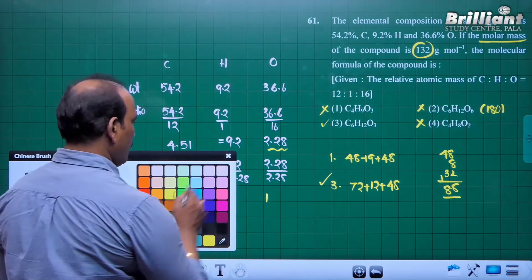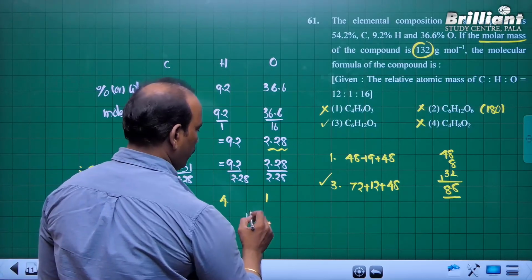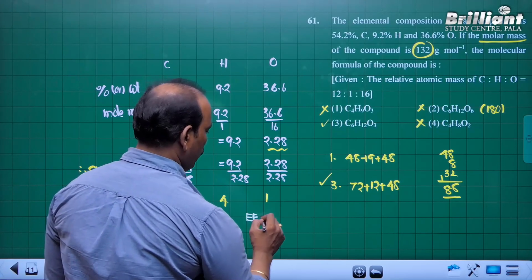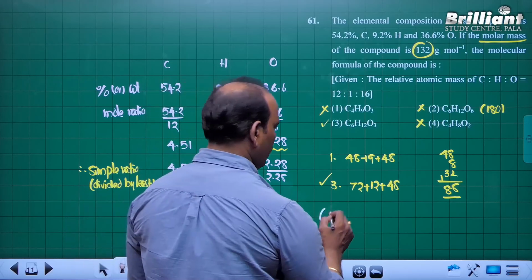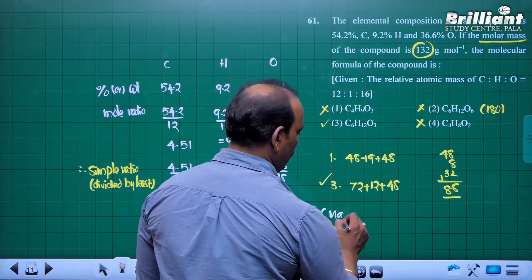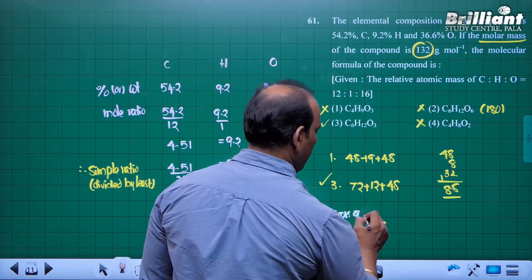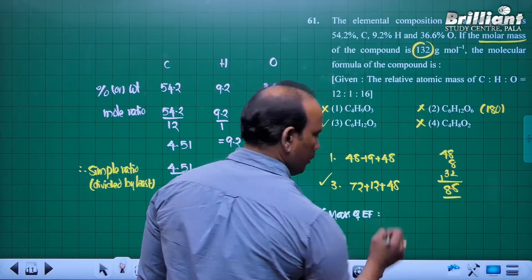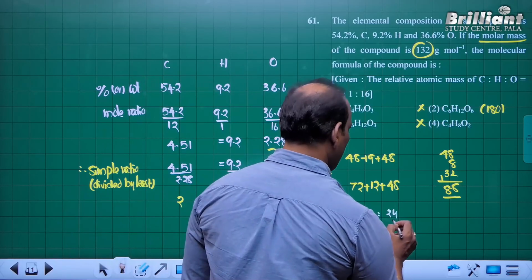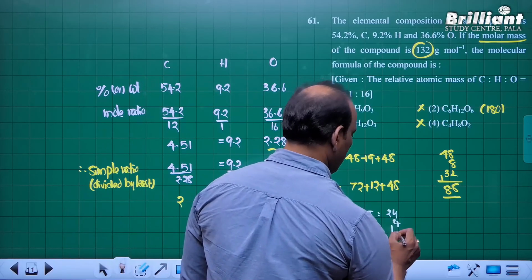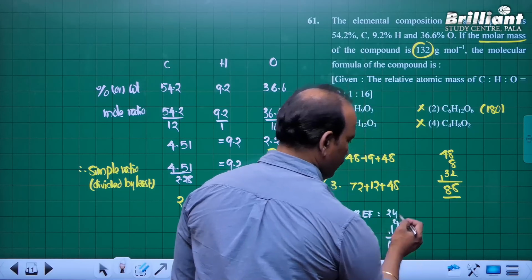Therefore, what is the empirical formula? Carbon 2, hydrogen 4, oxygen 1. Therefore, the empirical formula is C2H4O. The empirical formula mass is 24 plus 4 plus 16, which is 44.